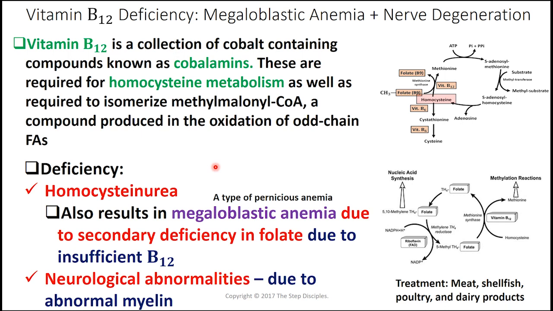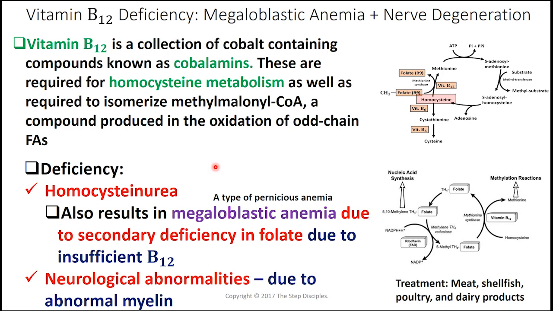And you know that the myelin sheath is just a set of Schwann cells that are mostly phospholipid bilayer. So when you start to change their phospholipid bilayer because you're not able to oxidize odd-chain fatty acids, you can get abnormal myelin.